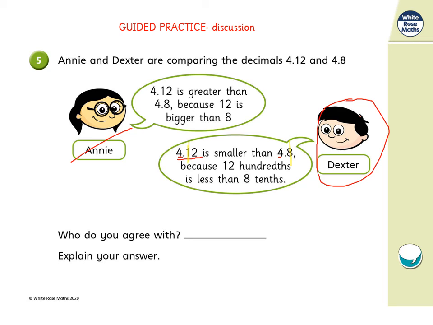Always, actually. Because I was just thinking when Annie said that 12 is bigger than 8. Yes, it is, but 12 hundredths is less than 8 tenths. So if you're thinking back again, visualising that 100 square in your head, if I have 8 tenths highlighted, I will have 8 columns or 8 rows shaded.